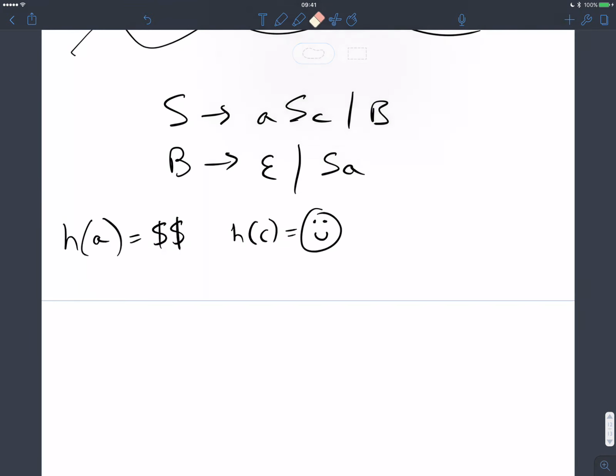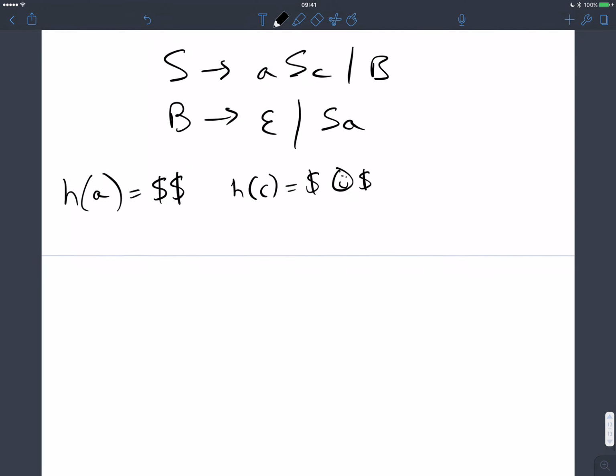No, let's be fun with this. $, smiley face, $. Well, it's a valid alphabet and it's a function from the original set of terminals to some string in the resulting output alphabet.